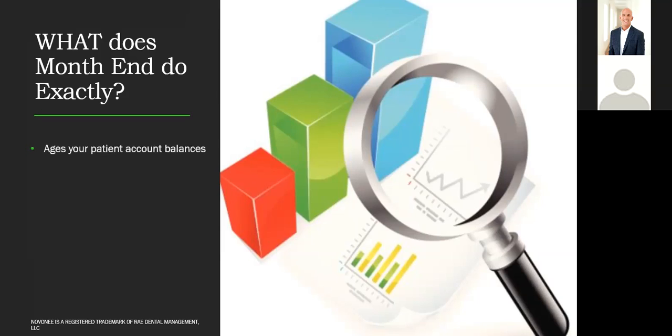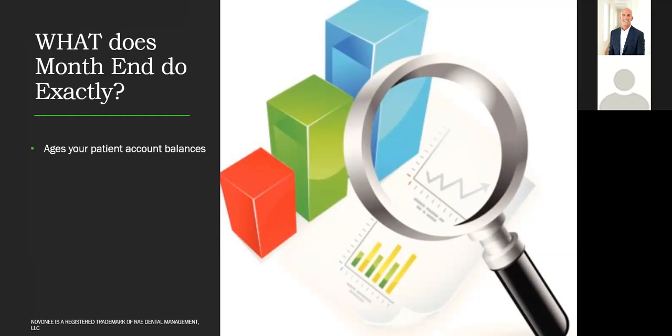So one of the first things that the month end process does is it ages your account balances. If you have an account balance that is 30 days old right now, and you run month end, it's going to go into the 61 to 90-day column.